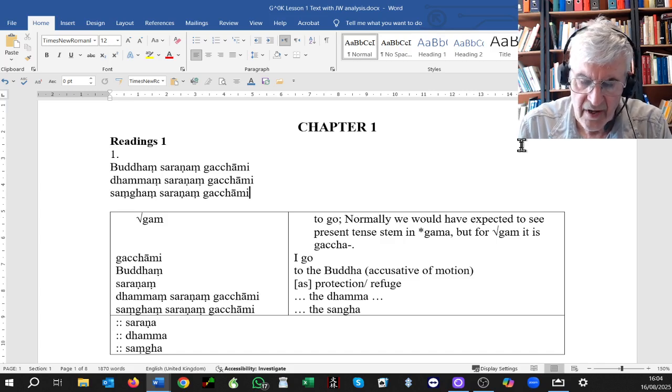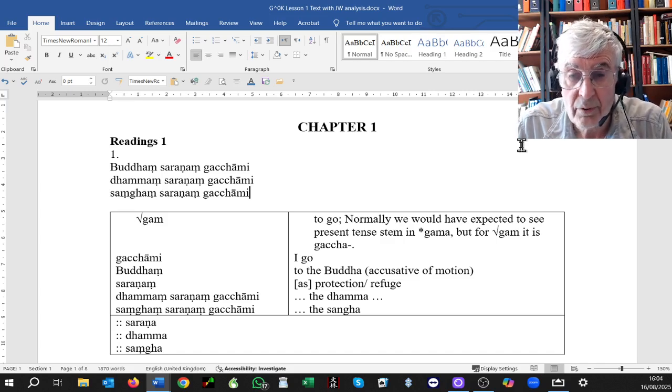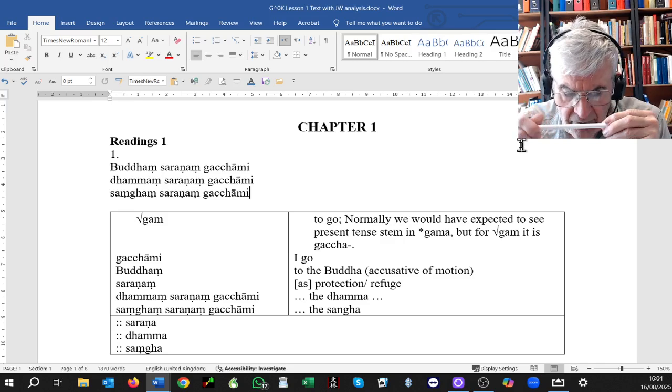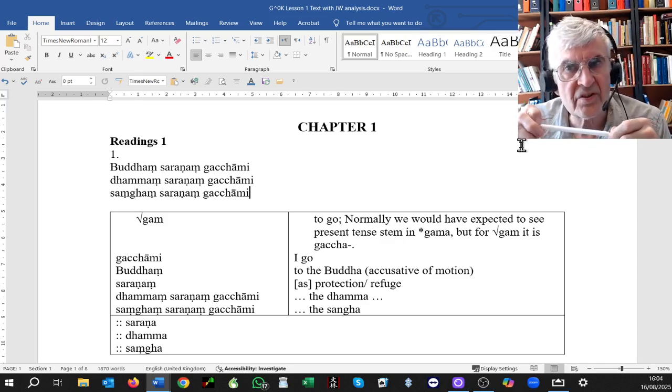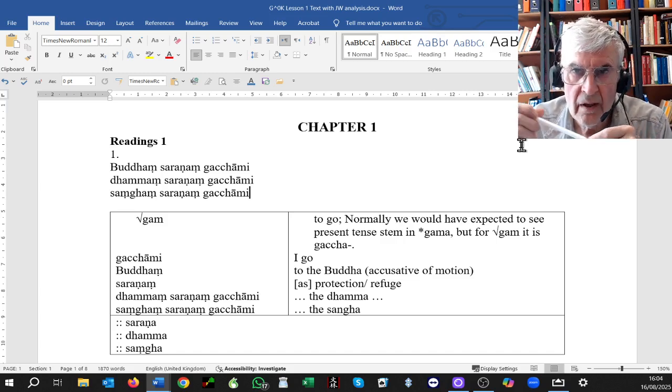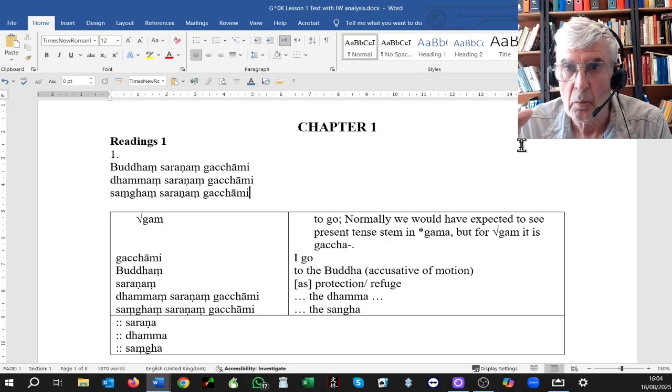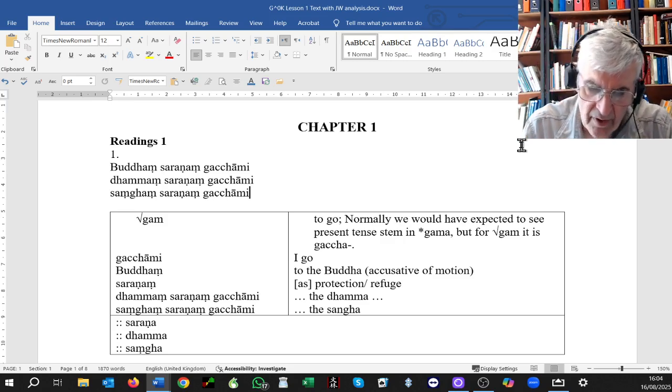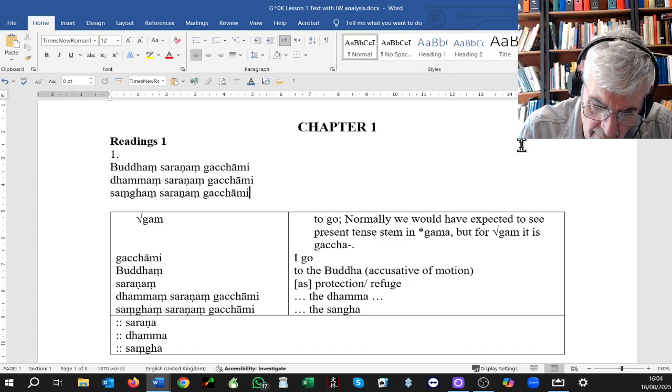That is the use of the asterisk. When I put an asterisk here, that means that the form doesn't actually exist, or it's a deliberately wrong form, and I'm just putting it to show what it would have been if it were regular. So if it were regular, it would be gamami, but it's not. The m changes to a double ch, and that is why we see gacchami.